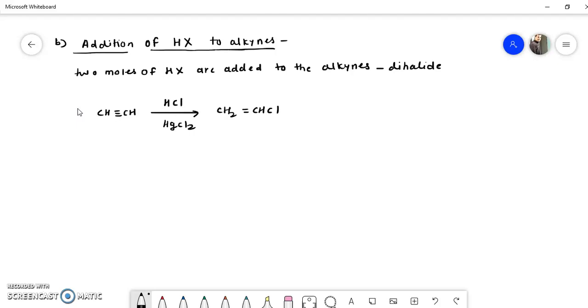So in the first case, there is a formation of vinyl chloride. Okay, vinyl chloride, and then in the second step another mole of HCl is added across this double bond to form CH3 CHCl2. So this is ethylene dichloride, we can say.